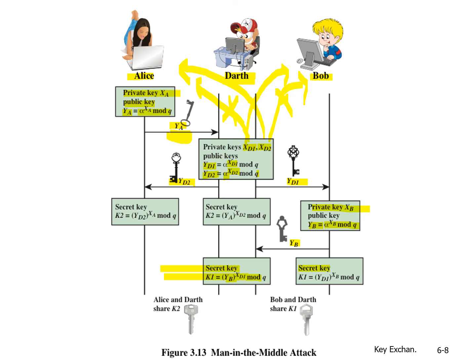Bob also calculates a secret key, and Bob and Das share K1. Das also calculates this key, Alice calculates this key, and Alice and Das share K2.